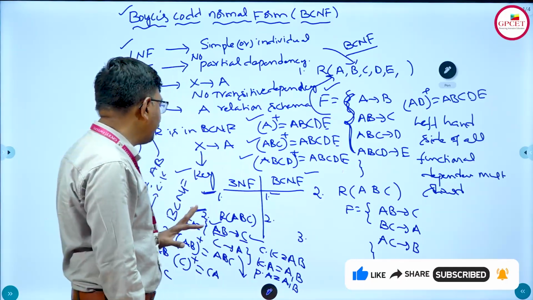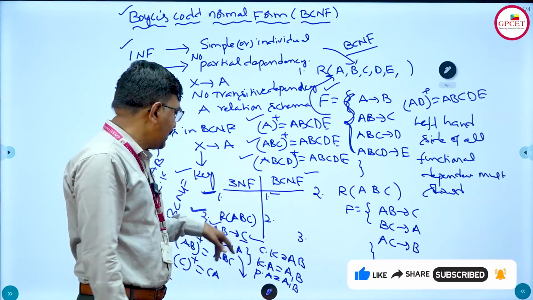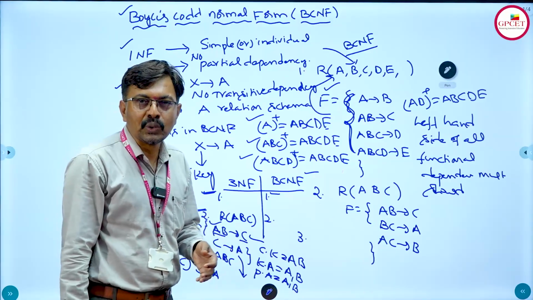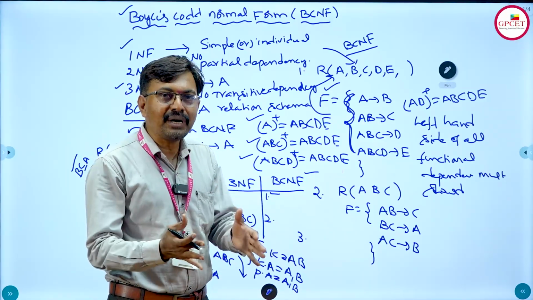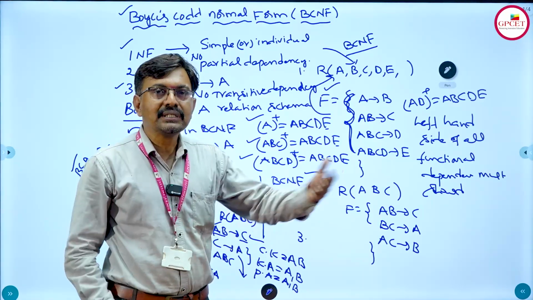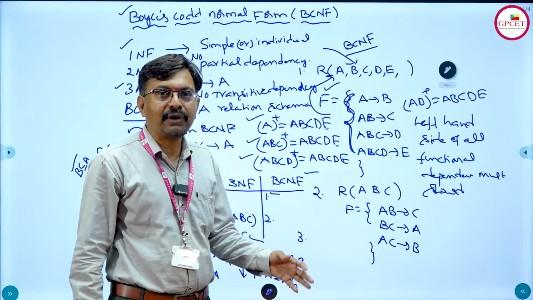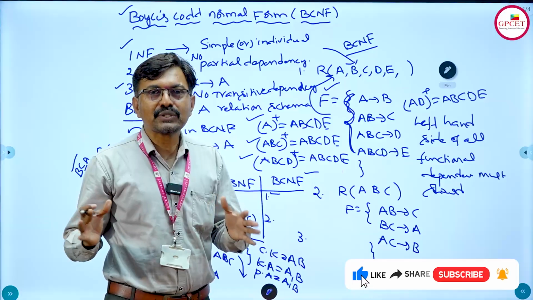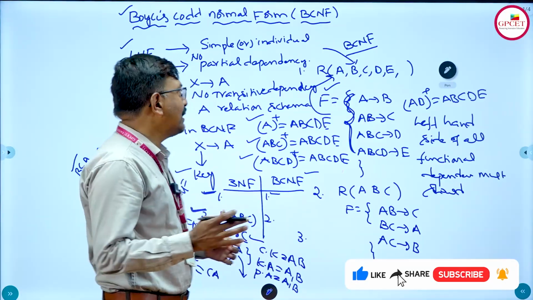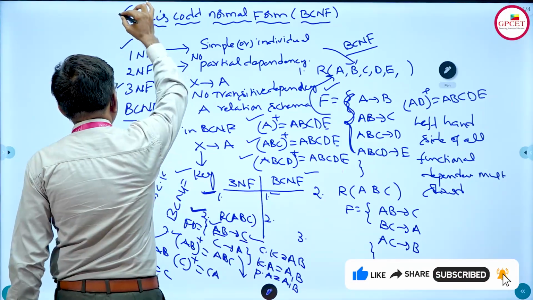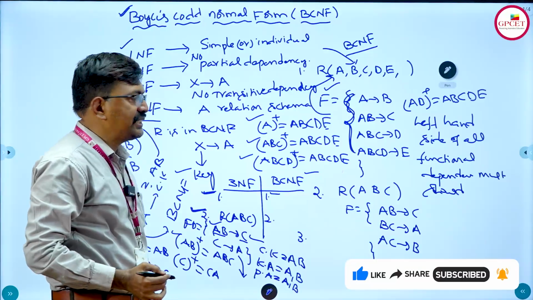That is the major difference between 3NF and BCNF. This third point plays a very important role. A relation schema R in Boyce-Codd normal form is also in 3NF. A relation schema R in third normal form is not necessarily in Boyce-Codd normal form. What is the difference between 3NF and BCNF?